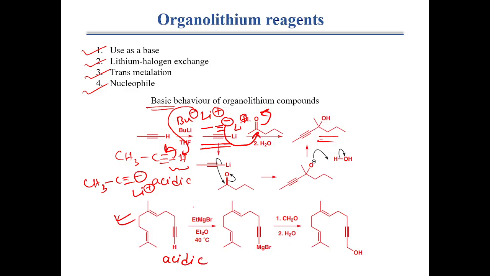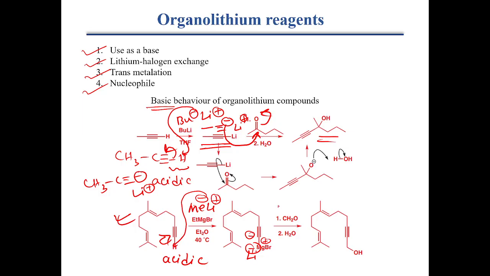Ethyl magnesium bromide or butyl lithium or methyl lithium, any kind of lithiating reagent, with Li plus and methyl minus, can abstract this proton and generate this anion with MgBr plus or lithium plus.